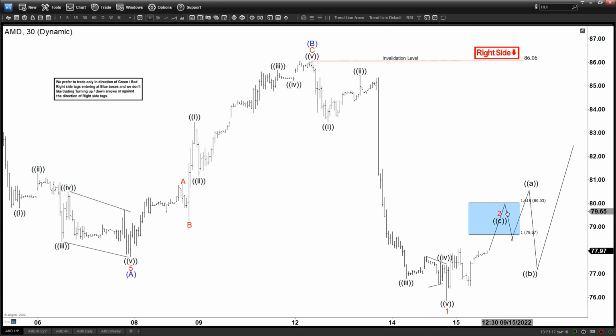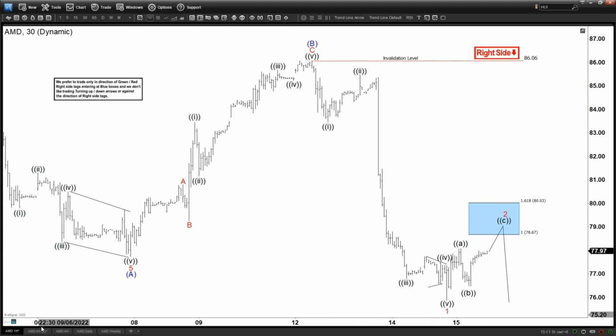Now as you can see, even if I show you 3 different variations in the shorter cycle, all of them basically suggest as long as we stay below 86.06, we could see further downside again in AMD. All right, so that is really the idea.